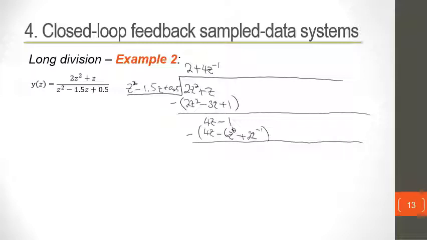And then you subtract that, because you get a 0 here, you get minus 1 minus 6, which is minus 7.